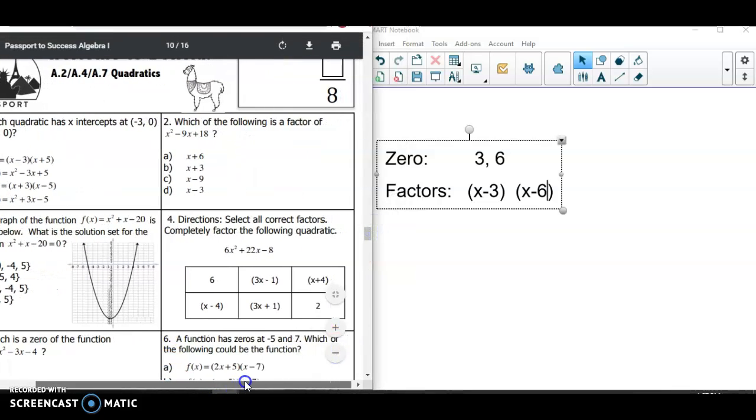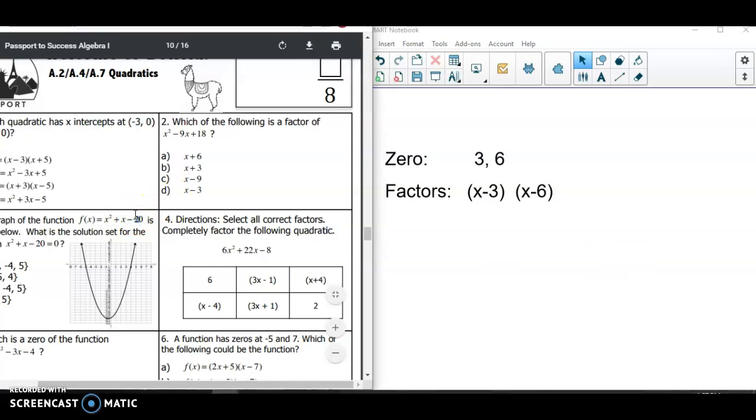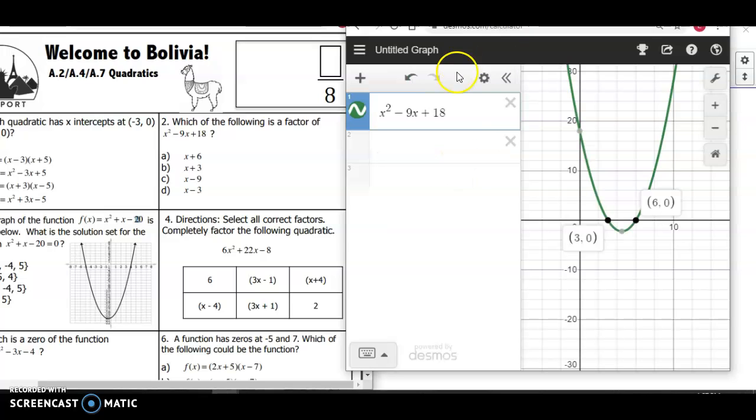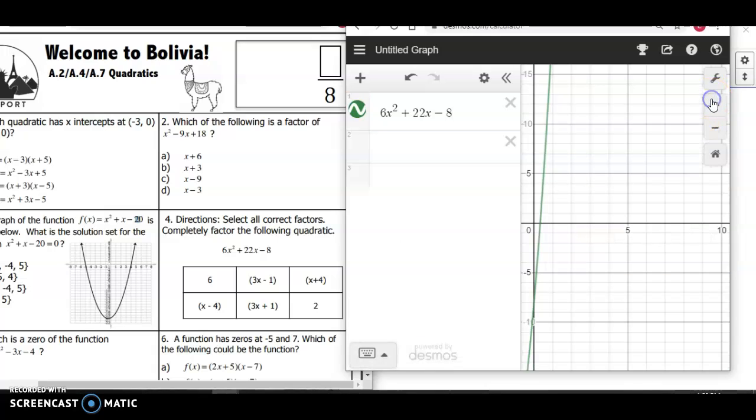All right, number 4. This one is a little lengthier problem, but we got it. Select all the correct factors that completely factor the quadratic. Again, I'm going to go to Desmos and type this in: 6x squared plus 22x minus 8. I need to find my zeros.